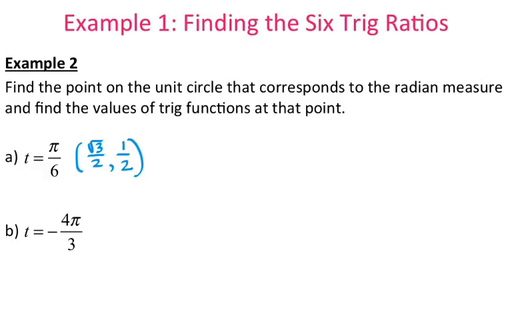Once I have my coordinates, finding the values of the 6 trig functions is exactly like the other example. My cosine is my x-coordinate, so root 3 over 2. Sine is my y-coordinate, so 1/2.